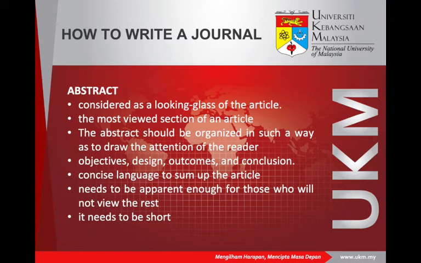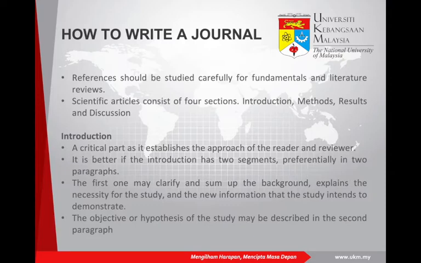And you should use concise language to sum up the article. So it needs to be apparent enough for those who will not view the rest. And one important point, the abstract should be short. References should be studied carefully for fundamentals and literature reviews.